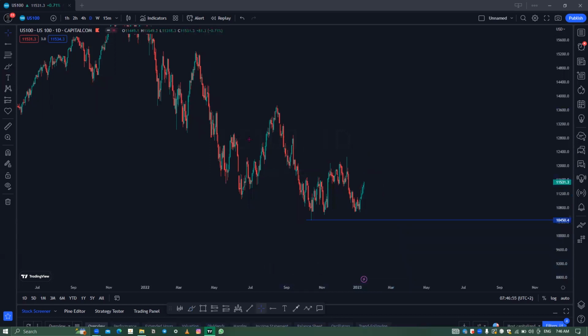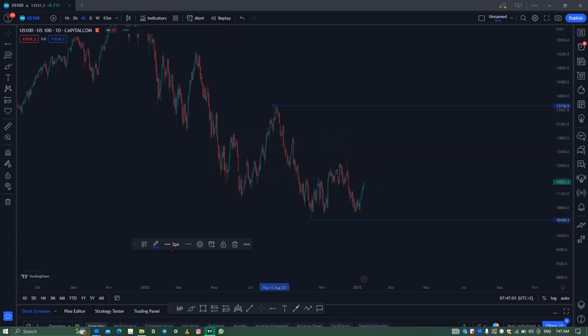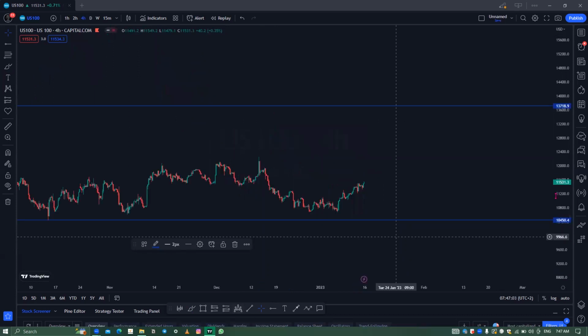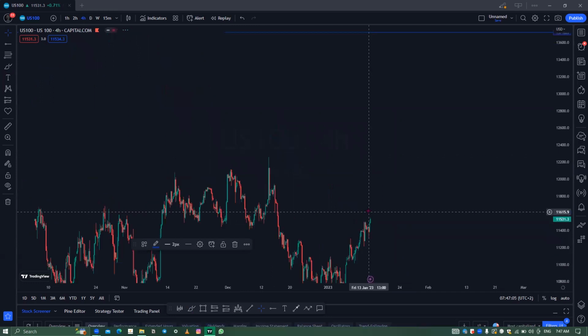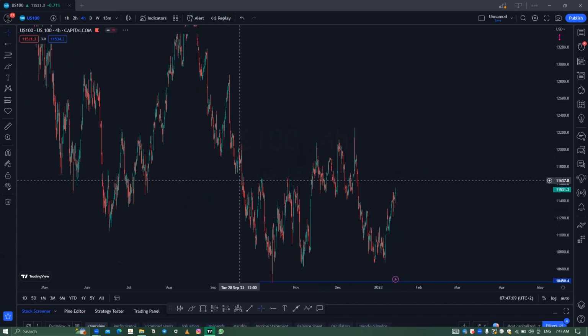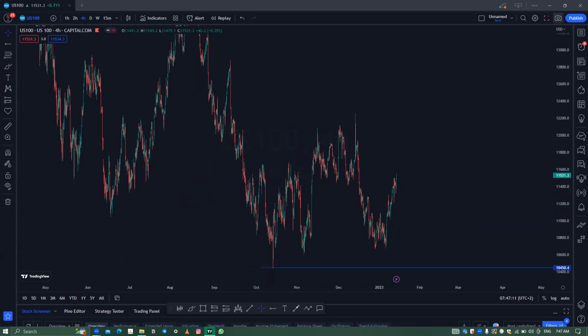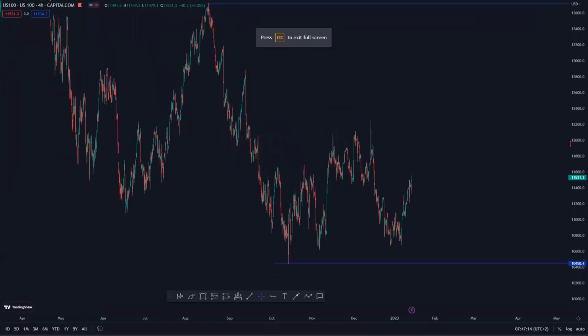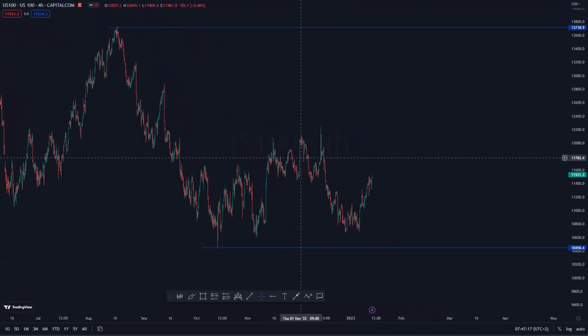The thing is, you have to keep things simple for yourself so that you're not forcing anything. If you don't find anything, leave the pair alone and look at the next pair, because we have so many things.